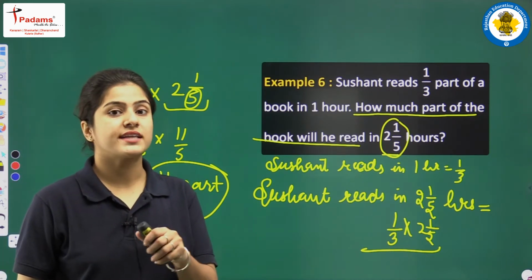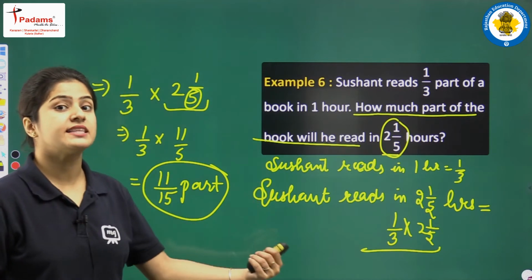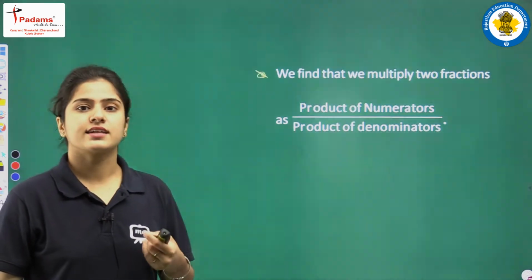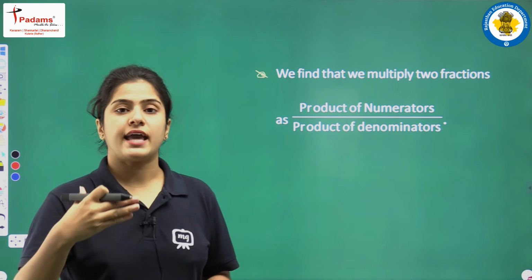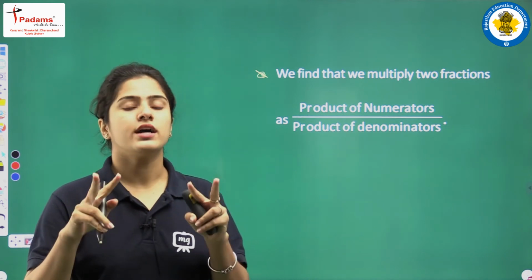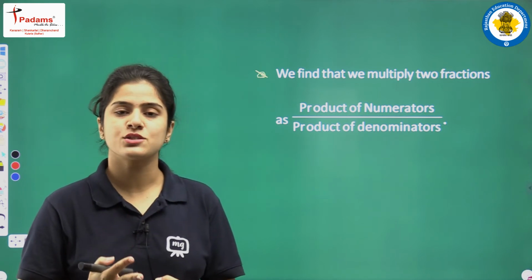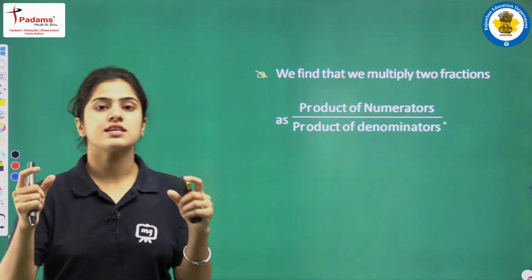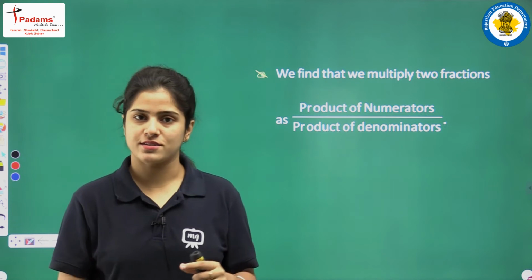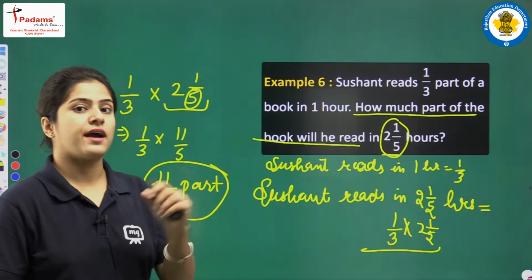Just have a look at the concept that we have built using this example. The concept is, students, whenever you are multiplying two fractions, their product is equal to the product of the numerators upon the product of the denominators. This we have done here.